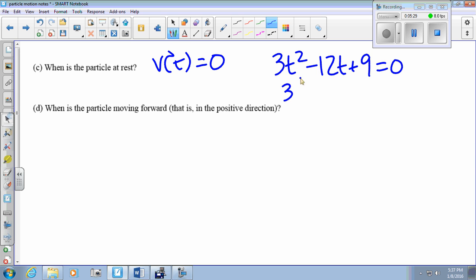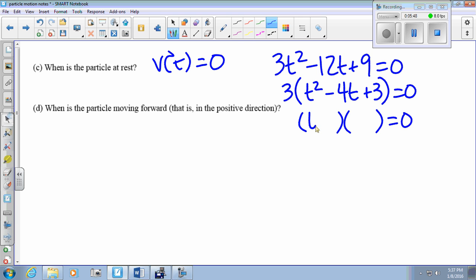So I'm going to take out the 3 that's the common factor first, which leaves us with t squared minus 4t plus 3. And I can actually divide that 3 out, so I'm not going to worry about it from this point on, but I am going to factor that quadratic.